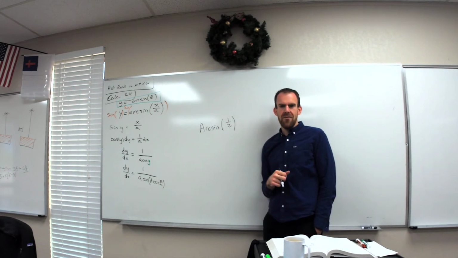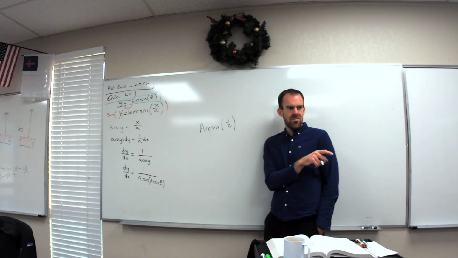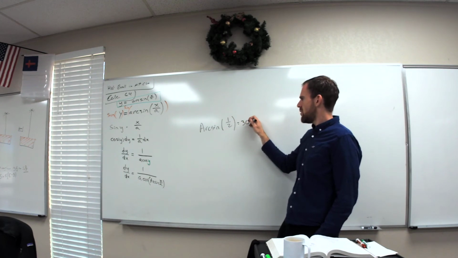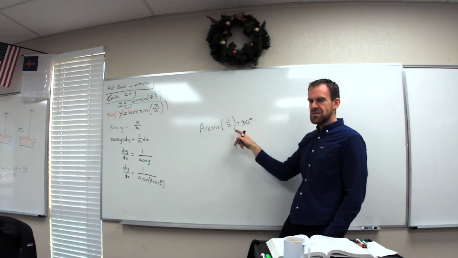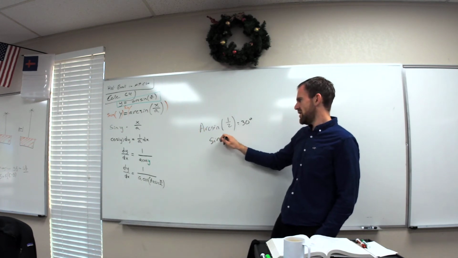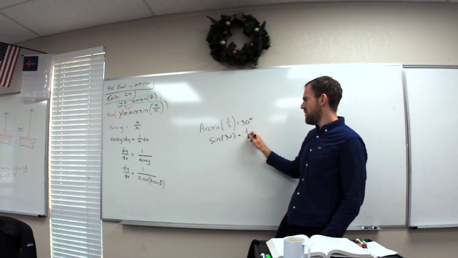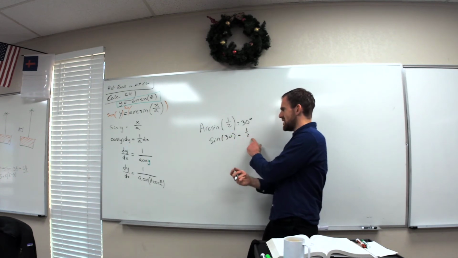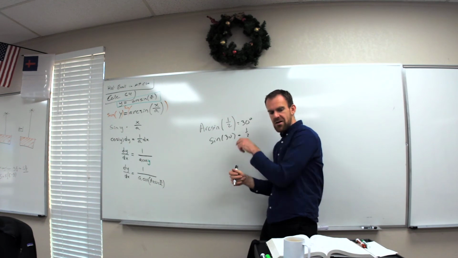What's arcsine of 1/2? Degrees. It gives you an angle, right? That's the opposite of sine, because sine of 30 is 1/2. Arcsine is the inverse function, so it does the opposite. It takes in the number and gives you the angle.